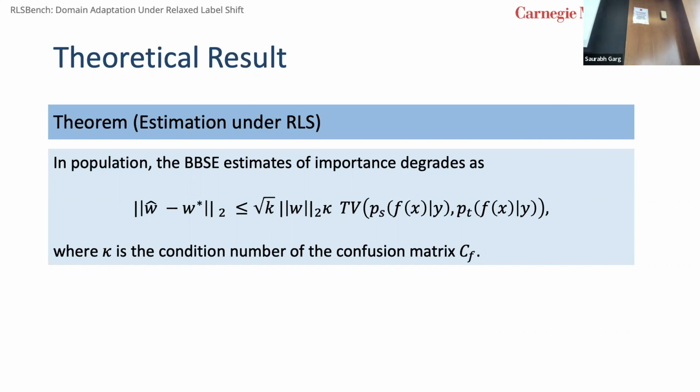So this PV is basically the max PV across all of your labels.